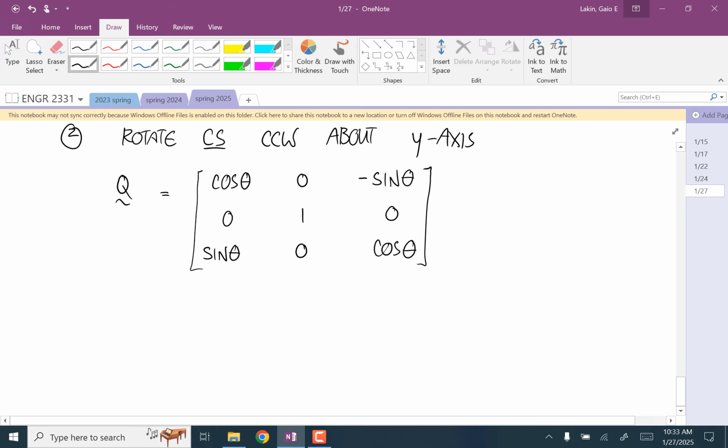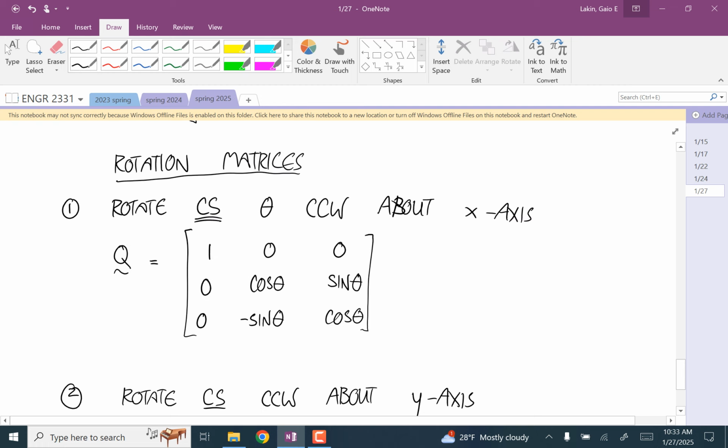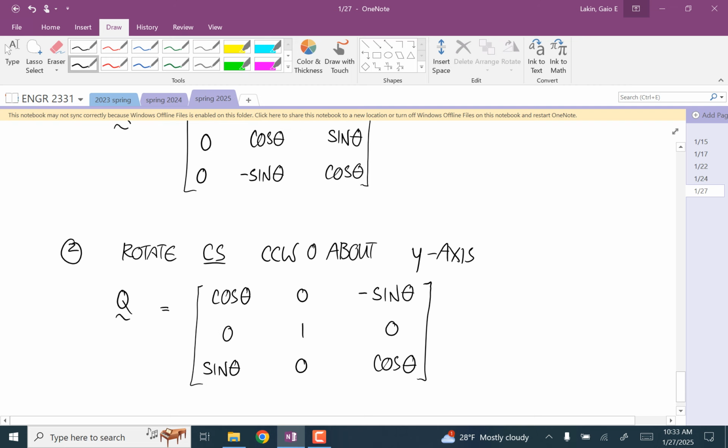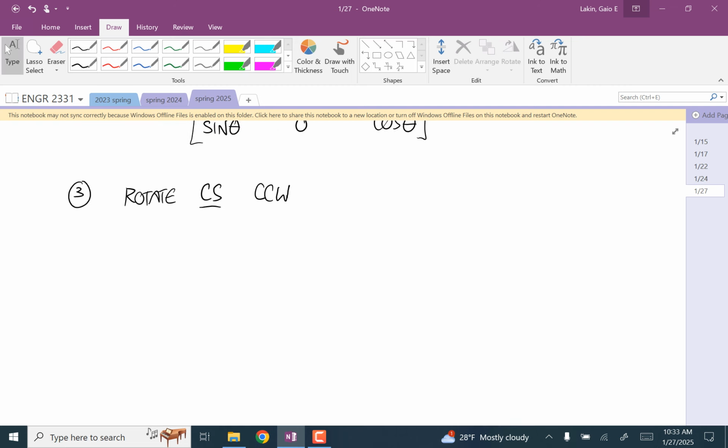And then third is a rotation of the coordinate system about the z-axis. So let's say we're rotating the coordinate system counterclockwise an angle of theta about the z-axis.